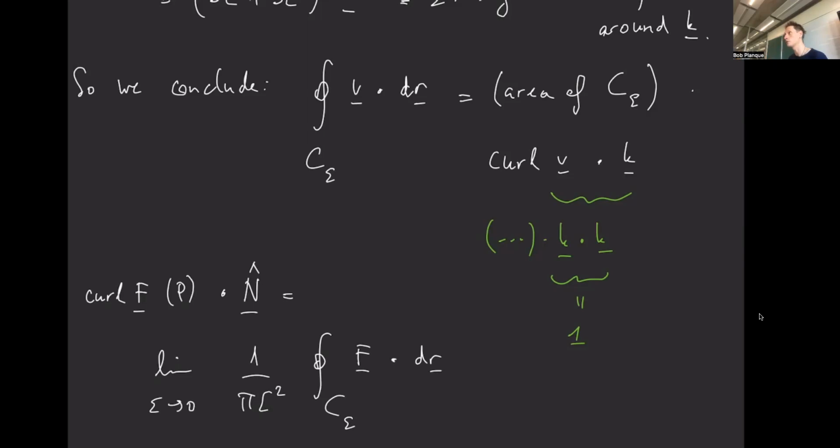And again, here I could have also taken different things other than circles, and I would have different areas that I would have to look at. But this is my way of understanding that this curl thing actually measures something of a circulation of that vector field.